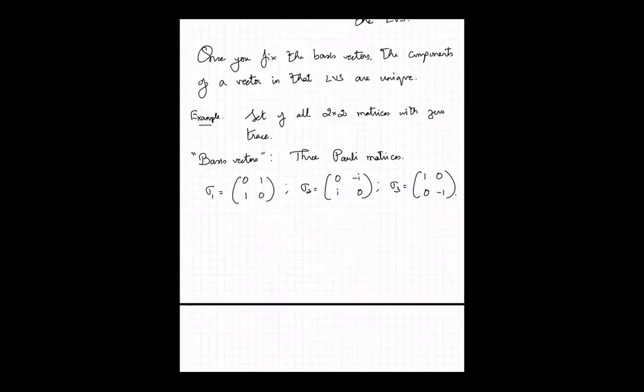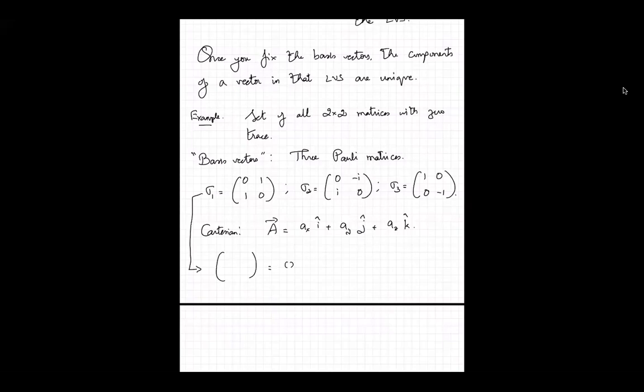So what does this mean? This means formally that just like in Cartesian coordinates, if I have a vector, I can write this vector as a linear combination of i, j, and k, in this space of 2 by 2 matrices I can write any 2 by 2 matrix with zero trace as something times sigma 1 plus something times sigma 2 plus something times sigma 3.